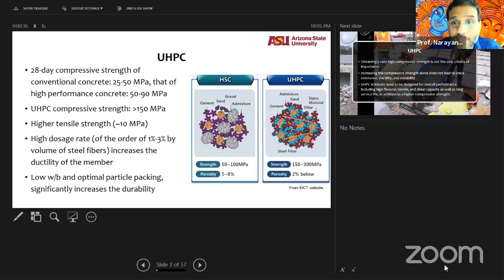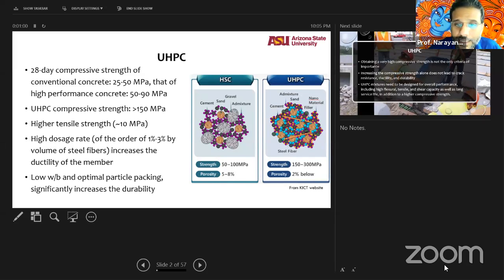But there are cases where you would need extremely high strength, and we are talking about compressive strengths greater than 150 megapascals. The advantage of such high strengths, we will come to as we go through this presentation. But with higher compressive strengths will come higher tensile strengths also.